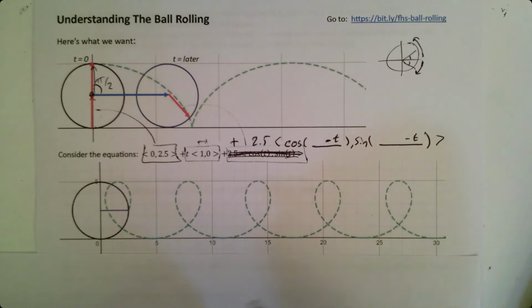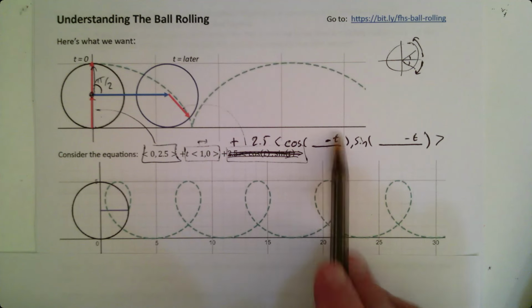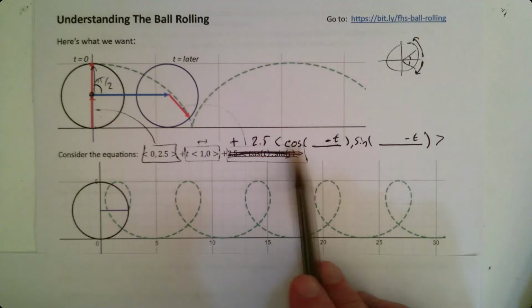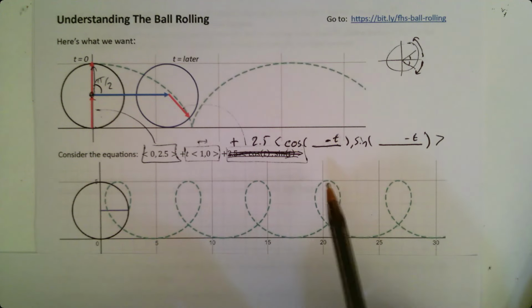The problem is, at time equals 0, the angle still isn't pointed straight up and down, and you can see that if you imagine plugging in time equals 0. If you plug in 0 for t, that whole number becomes negative 0, but that's still just 0. And so you'll be taking the cosine of 0, where that's the angle. So we haven't actually managed to change the starting angle.